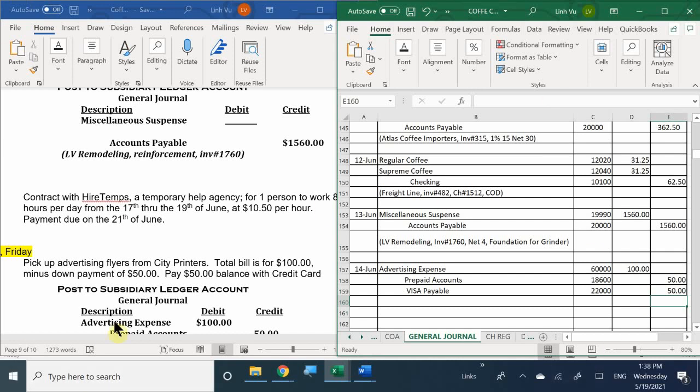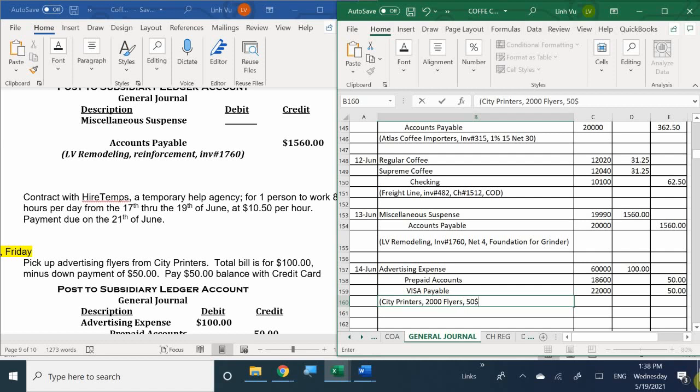Now I'm going to indicate my vendor, City Printers once again. There's no invoice number on here, but you could say 2,000 flyers, paid in full.